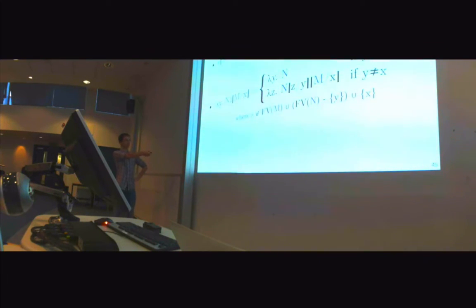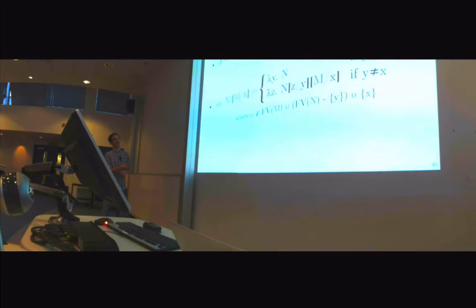The tricky case is function abstraction. So here we go, deep breath. Oh, lots of maths. Okay, so we want to do this, we've got this function lambda y.n, and we want to replace all of the free occurrences of x with m. So again, there are 2 cases to consider.